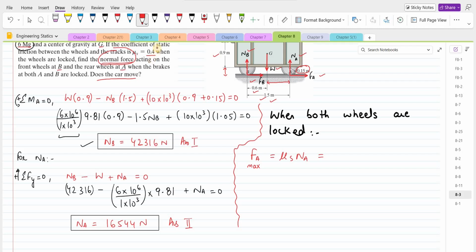The coefficient of static friction is 0.4 and NA is 16,544 newtons. So the frictional force at point A comes out to be 6,617.6 newtons.